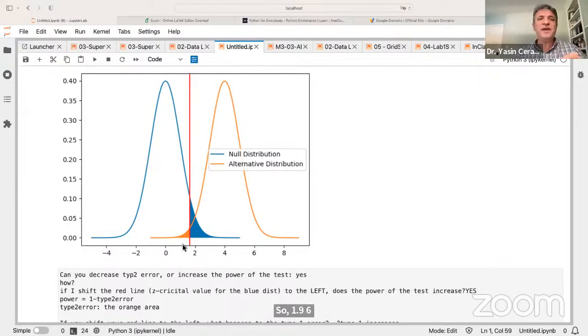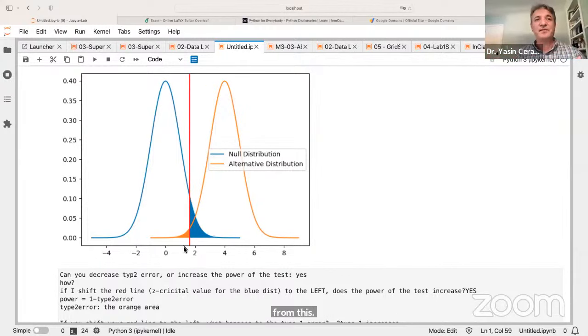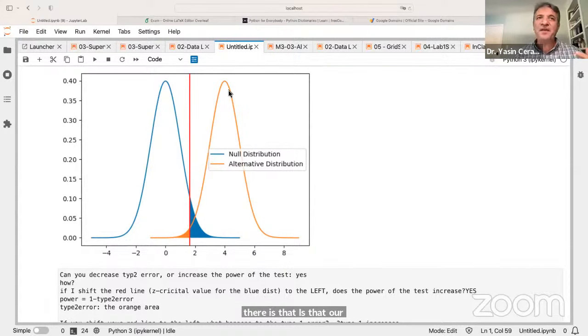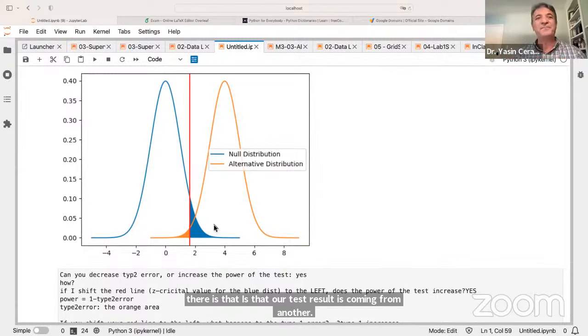then I'm going to conclude the following. If my result is up to this red line, then it is likely that this result is coming from this distribution. Because it makes sense to make that assumption. But again, maybe the reality out there is that our test result is coming from another distribution, this orange distribution, which is the alternative one.